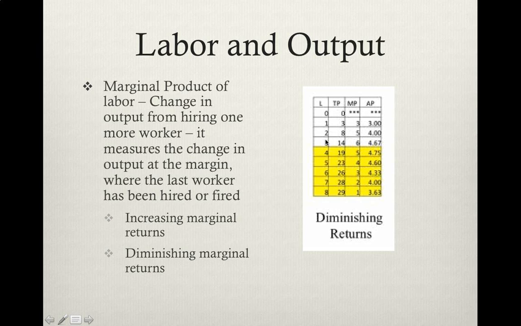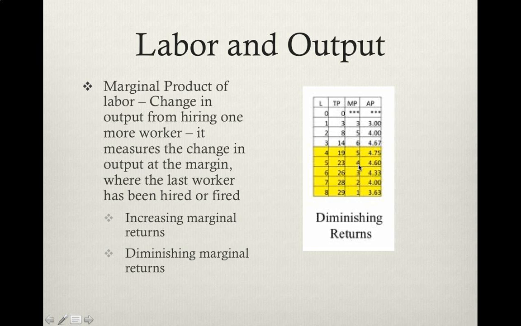When we go from 2 to 3 workers, we go from 8 to 14. So that third worker added an additional 6 units of product. When we go from 3 to 4, our total product goes from 14 to 19, and so that fourth person added 5. When we go from 4 to 5 workers, we go from 19 to 23 total product, and look what's happening.